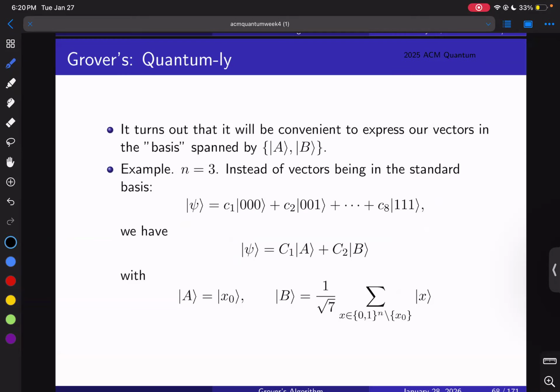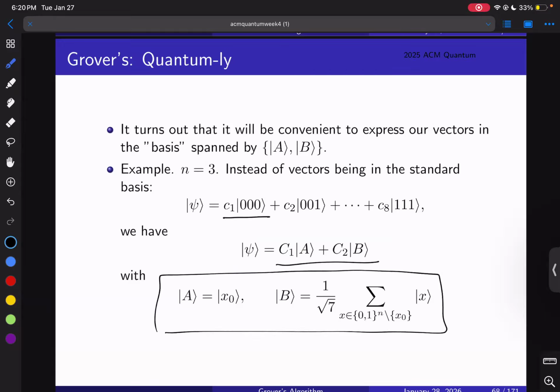Instead of vectors being in the standard basis, which is some coefficient C1 times ket 000, plus C2 times the next string, all the way to C8 times ket 111, we have a different expression, which is capital C1 times A plus capital C2 times B, with the definitions of A and B we defined before. It's just a different way of describing the same vector.